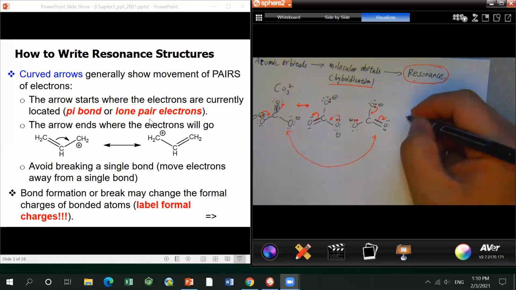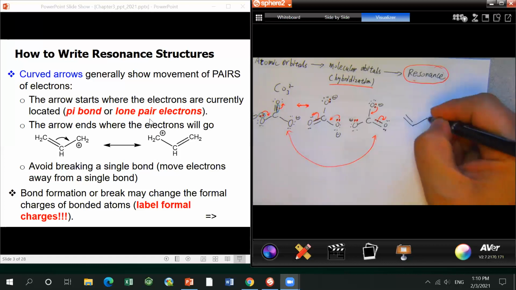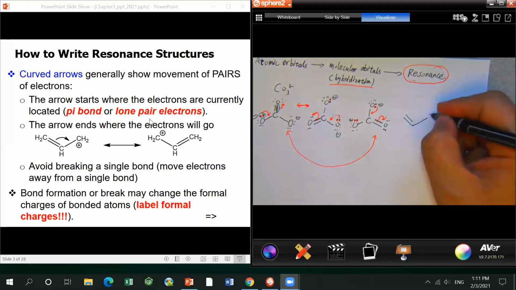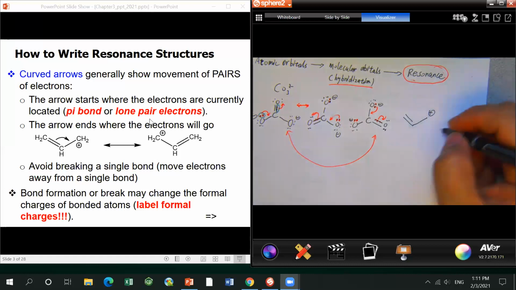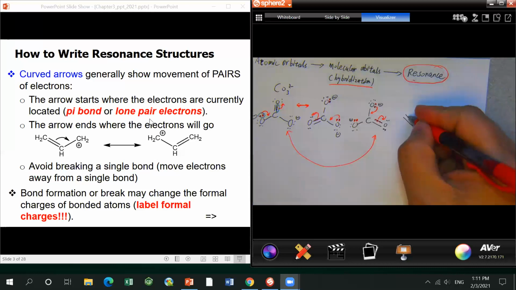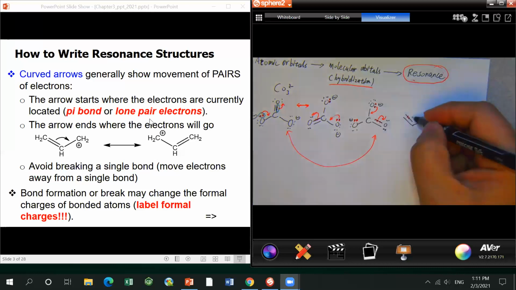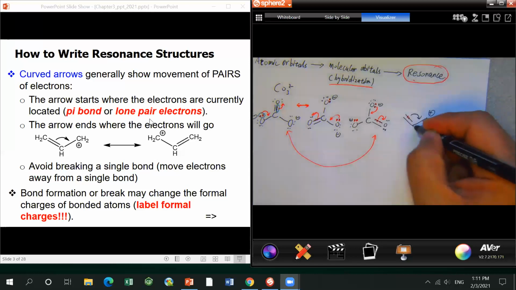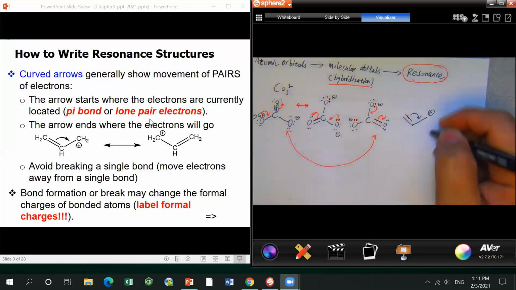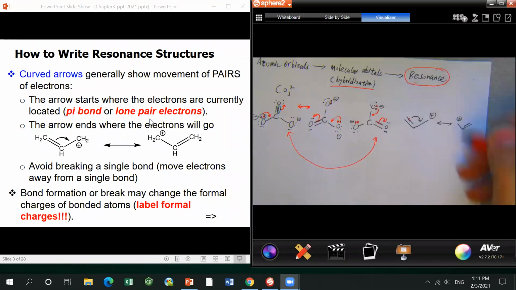Here we just use line angle structures. We have the pi bond electrons here, and these two can shift to between the middle carbon and the right carbon, and then you get the new pi bond electrons.